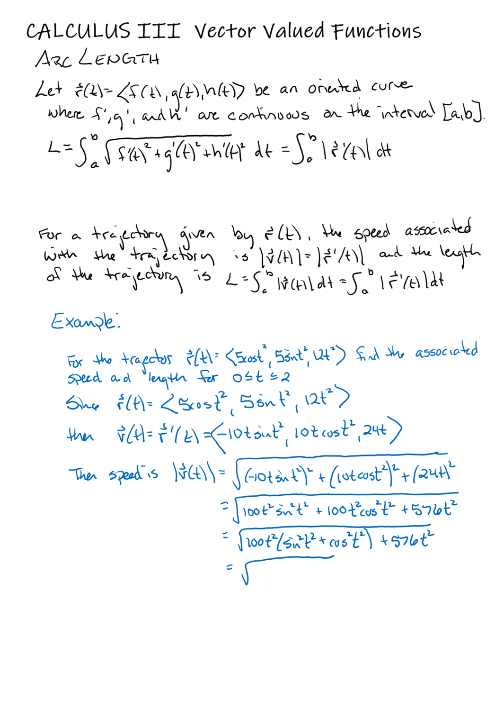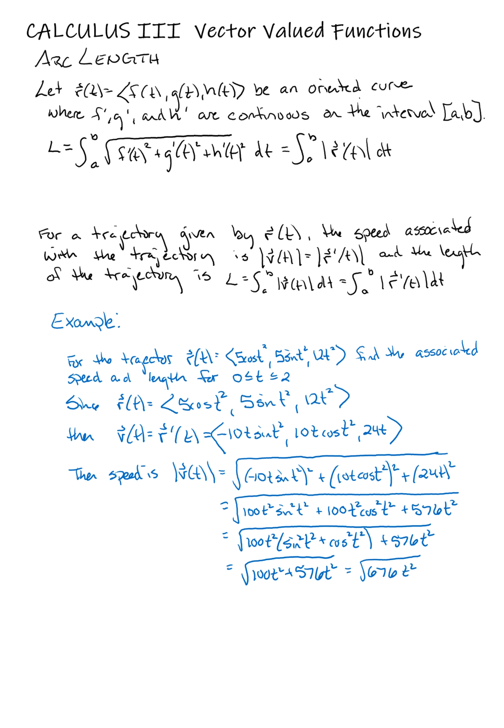So now we have the square root of 100t squared plus 576t squared. Combine those, we get the square root of 676t squared, which, again, I don't have these memorized, but I could do a little work here.